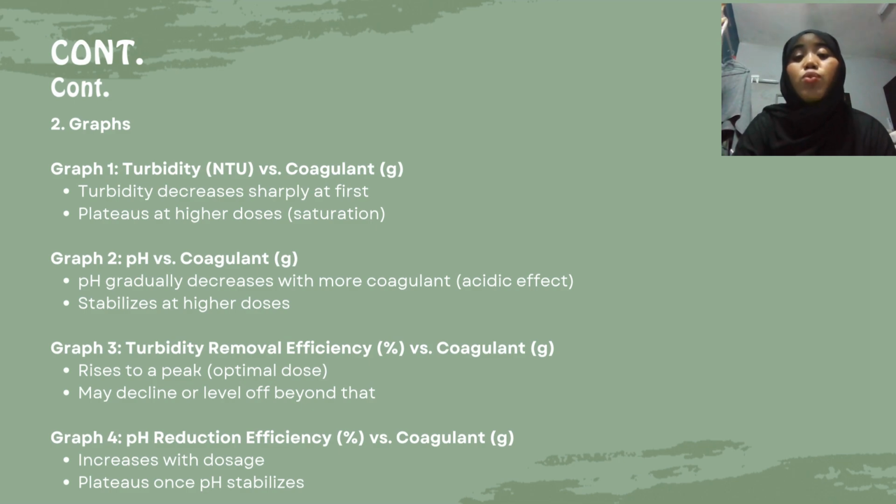The first graph is turbidity versus coagulant. The second graph is pH versus coagulant.